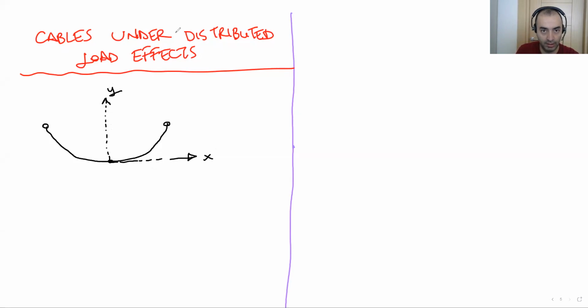Loading is like the suspension bridge example. This is the main cable. From the bottom, a uniform distributed load acts on the cable here. This is the Q.